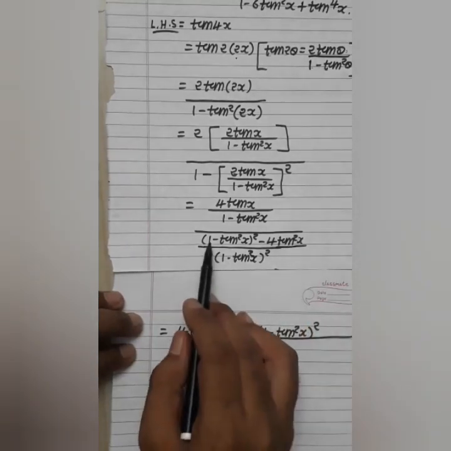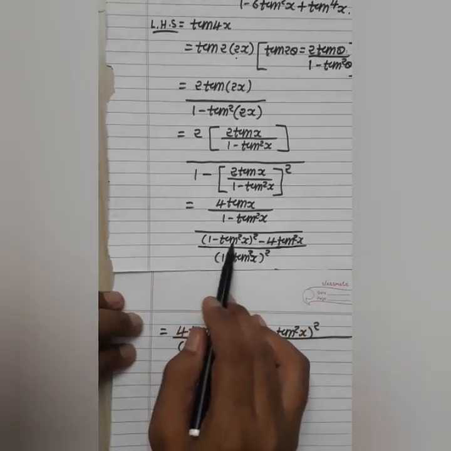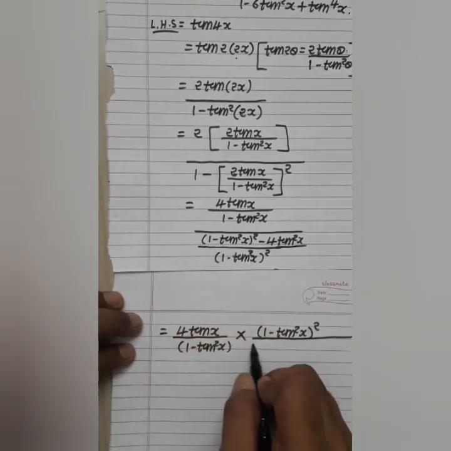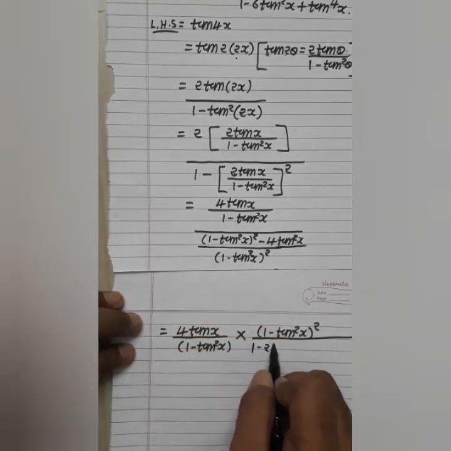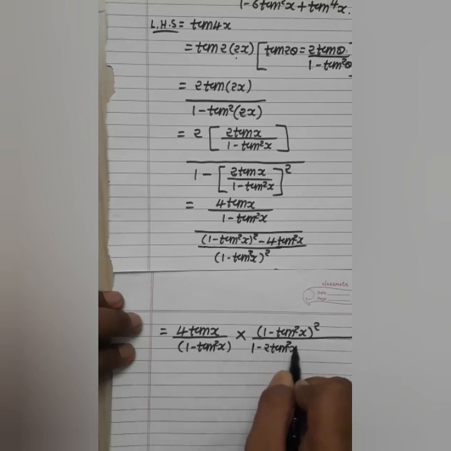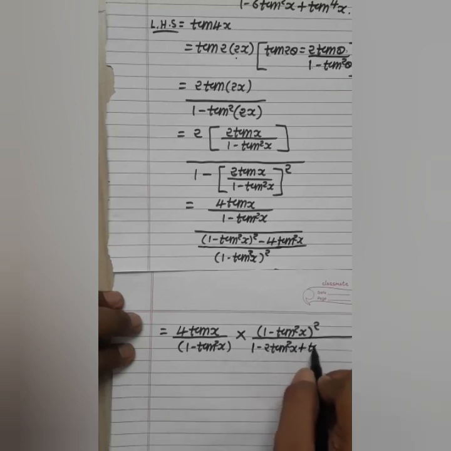So here apply the identity (a minus b) whole square, that means 1 minus 2 tan square x plus tan raised to 4 x minus 4 tan square x.